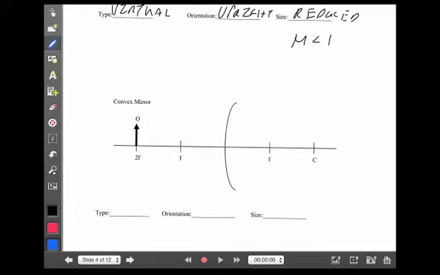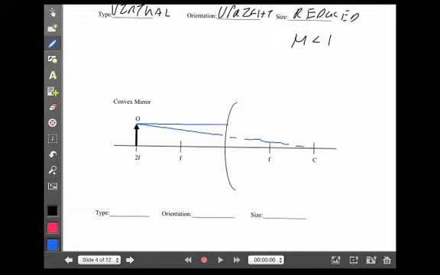All right, let's look at another one. Now, notice I put it on 2F. In other words, the same distance C would be on that side of the mirror. So let's draw our ray diagrams. Again, we start from the top of the object, and we're going to go to C through the center. The next ray, straight across, parallel to the principal axis.